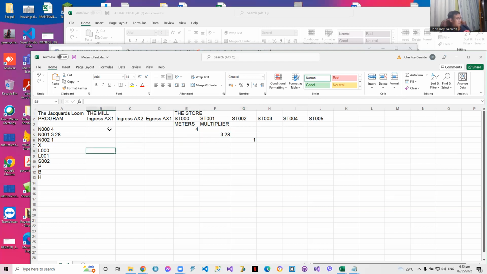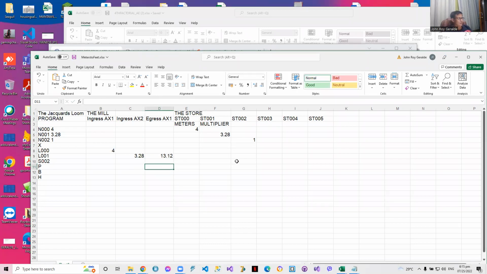So we have L000, this becomes RAS 4. L001, this becomes 3.28. So we multiply that. That's the result. Times. Okay, 13.12.